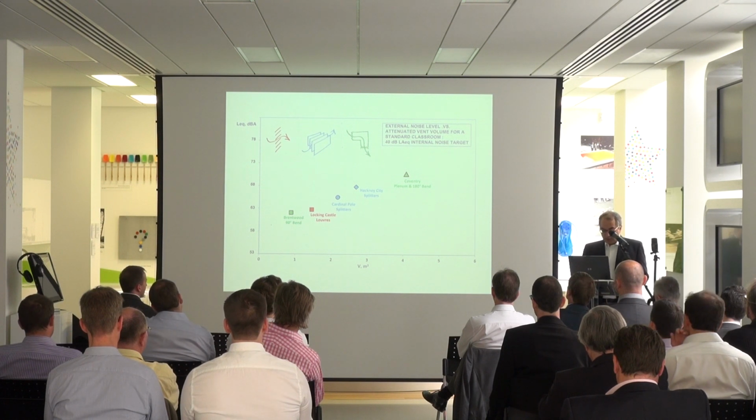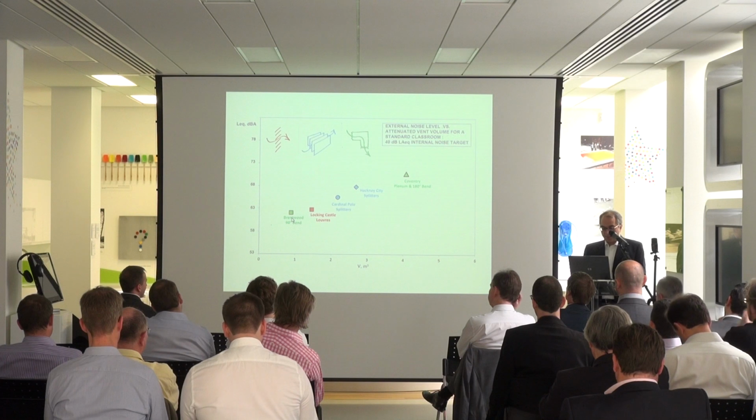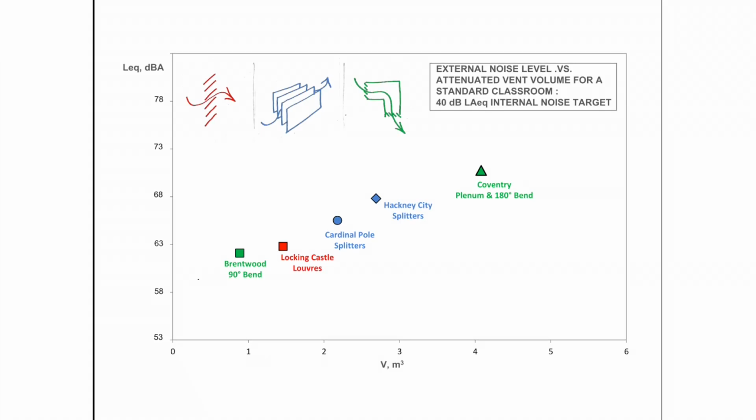So what we can see, starting from 53, is that we probably don't get this in a city, but we may get it in the countryside or outside a big city. That's the case where we don't need any attenuation, and as we go up in the noise scale, if we have a lined bend, we may be able to deal with 63 external noise levels.